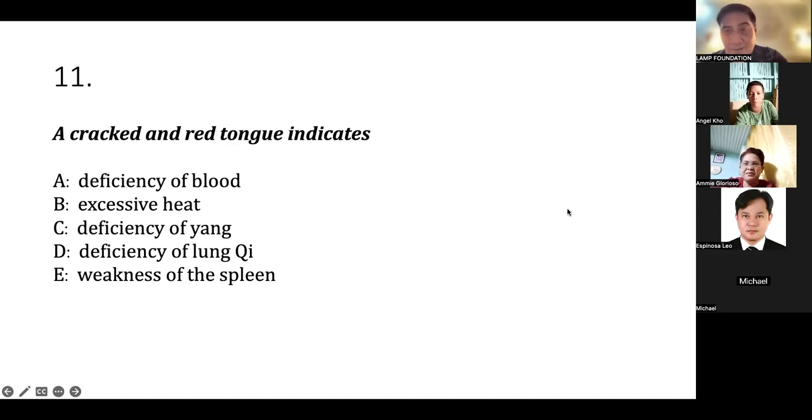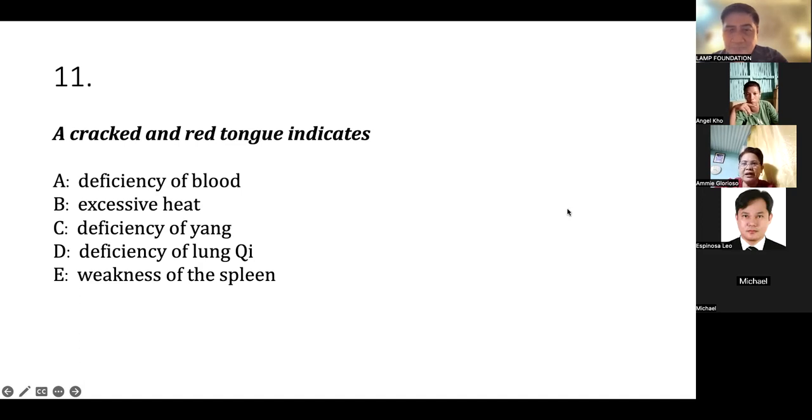Hindi po. Di ba? Anong kulay ng tongue, Ma'am Ami? Pag blood deficiency, Doc? Pale po, and dry tongue, and thin. Minsan hindi naman thin. Basta yun. Okay. What about excessive heat? Ano itsura ng tongue? Reddish po, Doc.